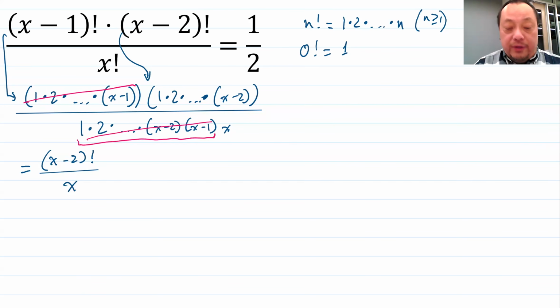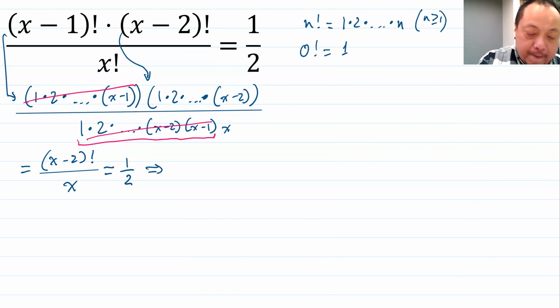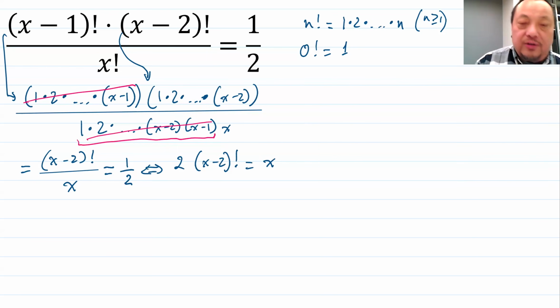So the left-hand side of the equation simplifies to just x minus 2 factorial divided by x, and this is supposed to be equal to 1/2. The standard thing to do when you have an equation with fractions on both sides is to cross multiply so you don't have to deal with fractions. So this holds if and only if 2 times x minus 2 factorial is equal to x.